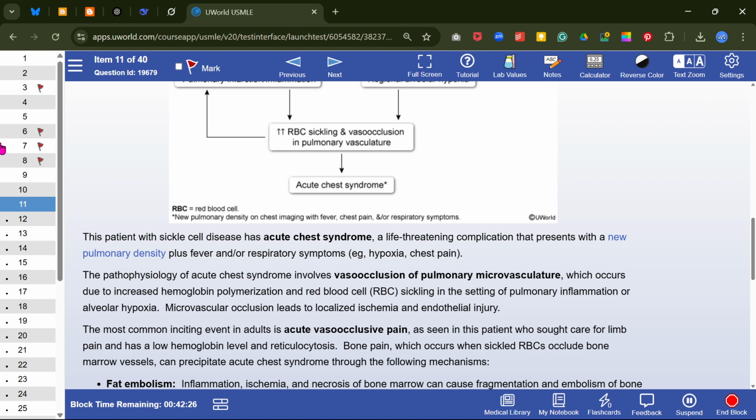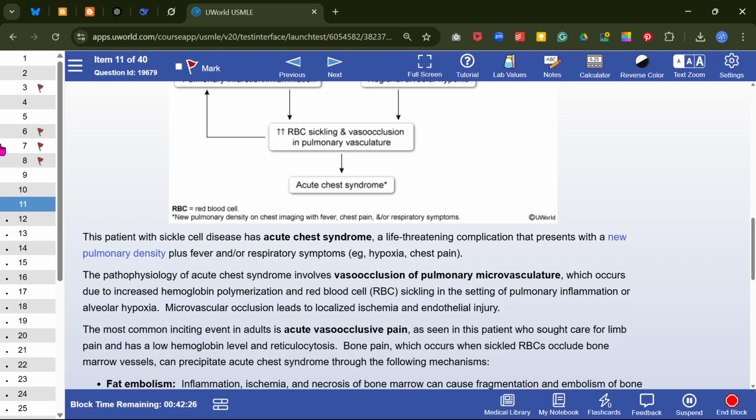No, why are you thinking deep vein thrombosis? May not be.